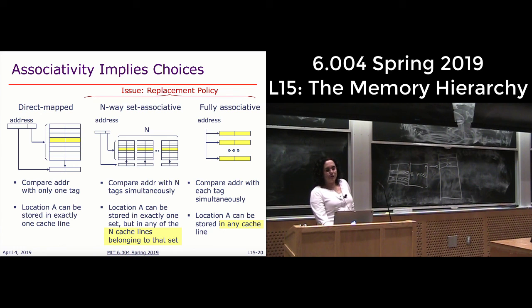But in a set-associative or fully associative cache, you have all of these yellow options to be replaced. And so we want to think about what's going to give us the best performance in terms of how we decide which one of these existing cache lines should be removed from the cache. We'll go over that in recitation tomorrow.